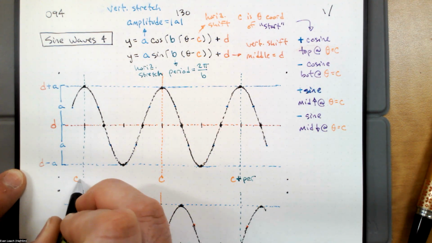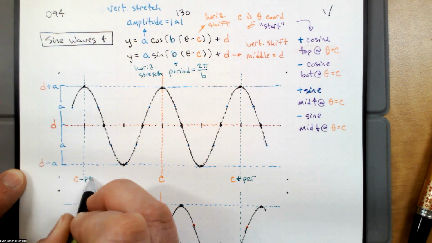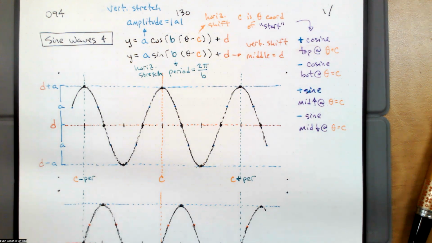But these go on forever. The period is not just read off of the function. The period is 2 pi divided by whatever B is. In degrees, we could have used 360, but we have to do it in radians.